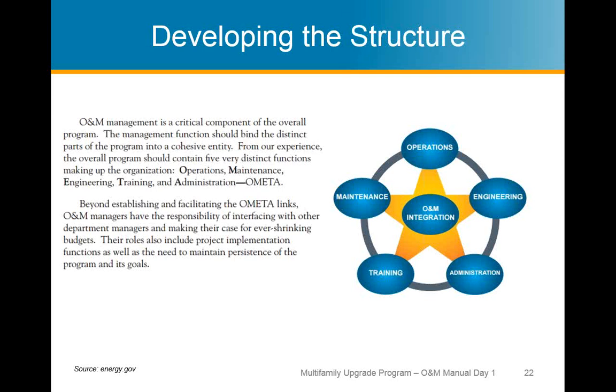So those are 5 very distinct functions, but as you can see from the graphic on the right, they're all interconnected to an incredible degree. They're distinct, but they can't operate without one another effectively. So beyond establishing and facilitating what they term the OMETA links, O&M managers have the responsibility of interfacing with other department managers and making their case for ever-shrinking budgets.